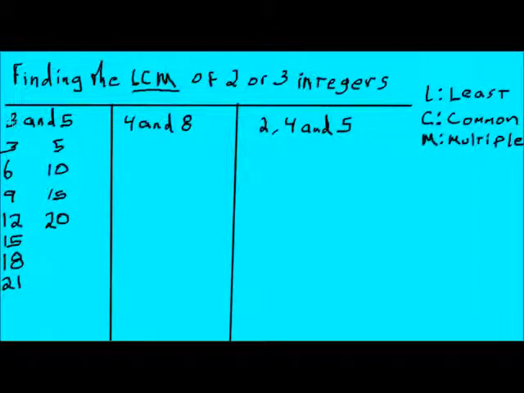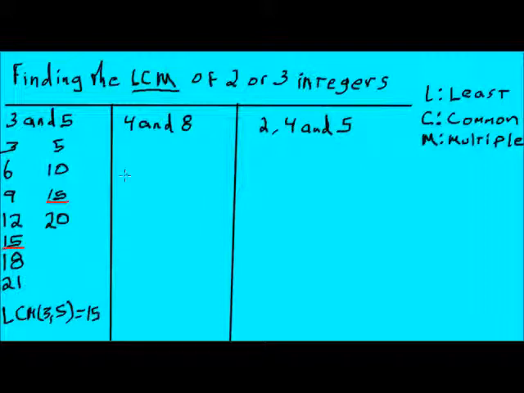In this case, if you go through the list of 3's, you get a 15, and you get a 15 over here. So the least common multiple of 3 and 5, so the LCM of 3 and 5, is 15.